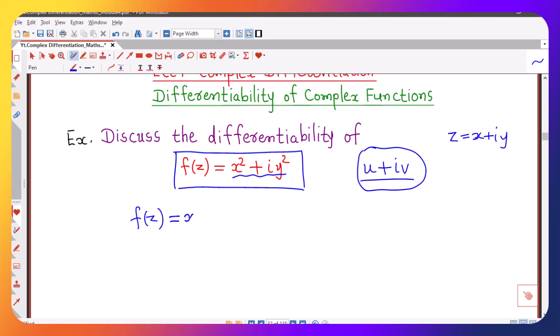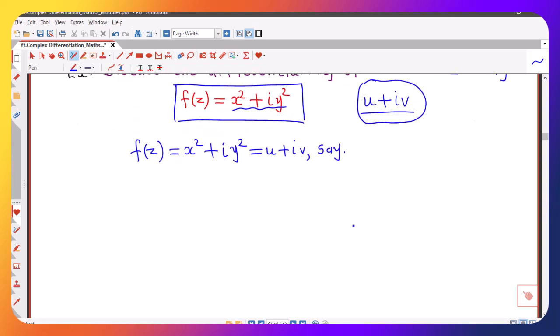So we have our real and imaginary parts which we denote by u and v respectively. If we compare x square plus i y square with u plus iv, it is clear that u is x square and v is y square.